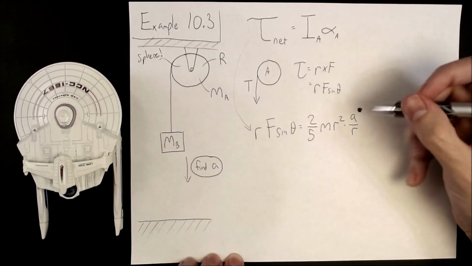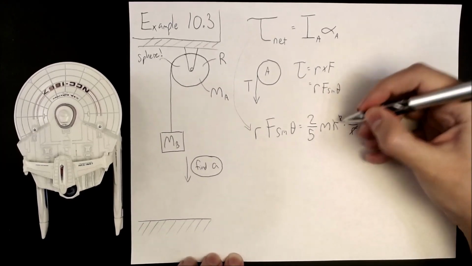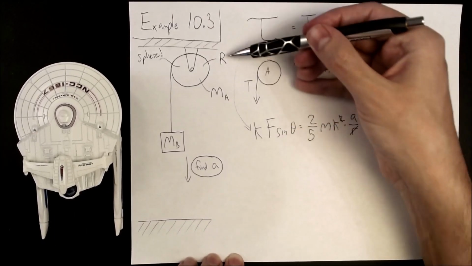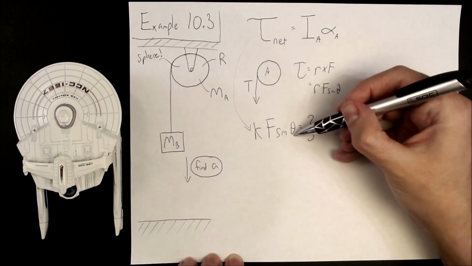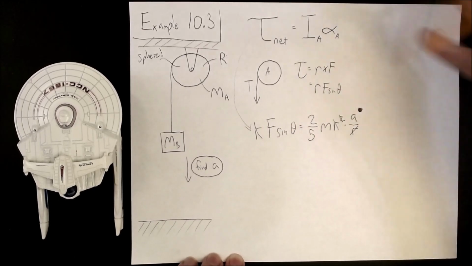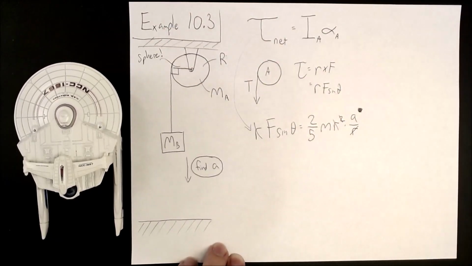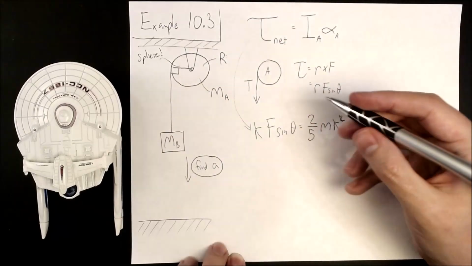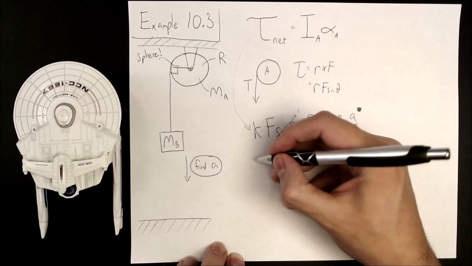There's a little bit that I can do here. I can get rid of one of those R's and another one of those R's. Oh, it looks like that radius never mattered. I was going to plug in that radius everywhere, but I'm not, because it doesn't matter anywhere here. Need to figure out theta. Well, I start in the center, I move over to where the string is coming off, and I see that that's a 90-degree angle, like it always will be when you've got something spinning like that, because of a string, that is. So sine theta is equal to 1.